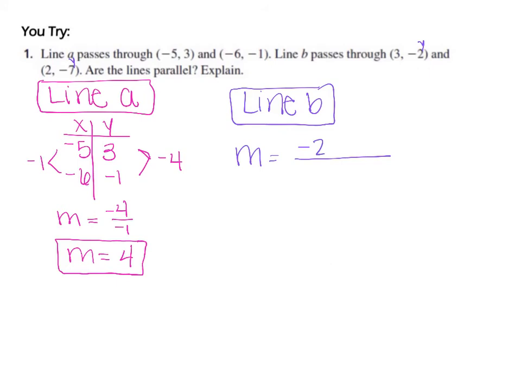So if I do -2 minus -7, right? Minus -7 really turns to +7. And 3 minus 2, I get 5 over 1. And then if I simplify, 5 divided by 1 is just 5.